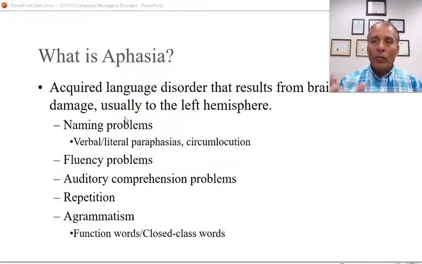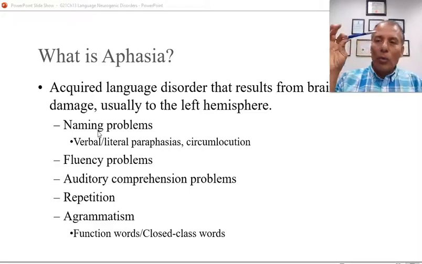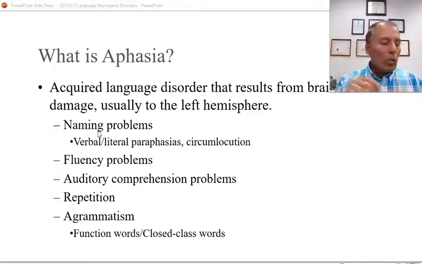There are many kinds of aphasia, but generally, some general characteristics include an effect on the ability to name something. You show a picture or something and say, "Tell me what this is?" And will the person be able to name that thing, or name it something else, or not name it at all?